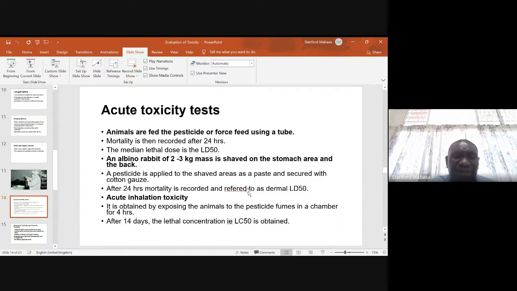In acute toxicity tests, the animals are actually fed the pesticide or force fed using a tube. After 24 hours, we check the impact of the pesticide on the animals and record their mortality.